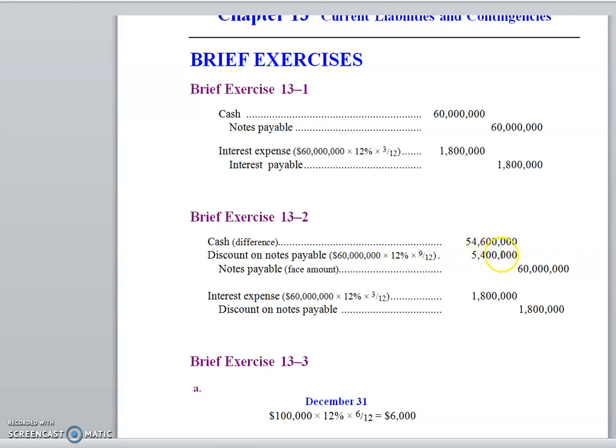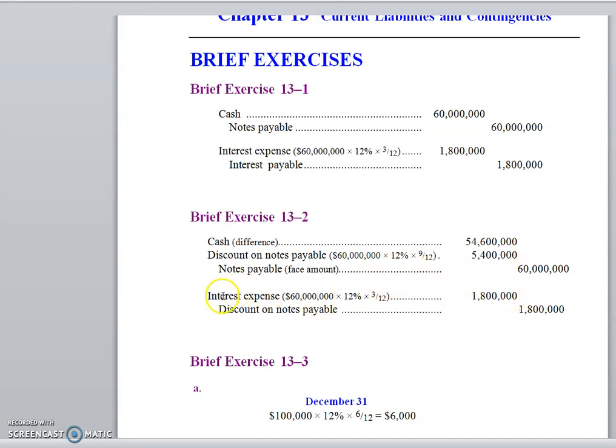of this $5,400,000 dollars interest. So that would be $1,800,000 to get 3/9 of that, or you can calculate interest. The principal, which was 60 million, is what we're calculating interest based on, times the 12% times 3/12.